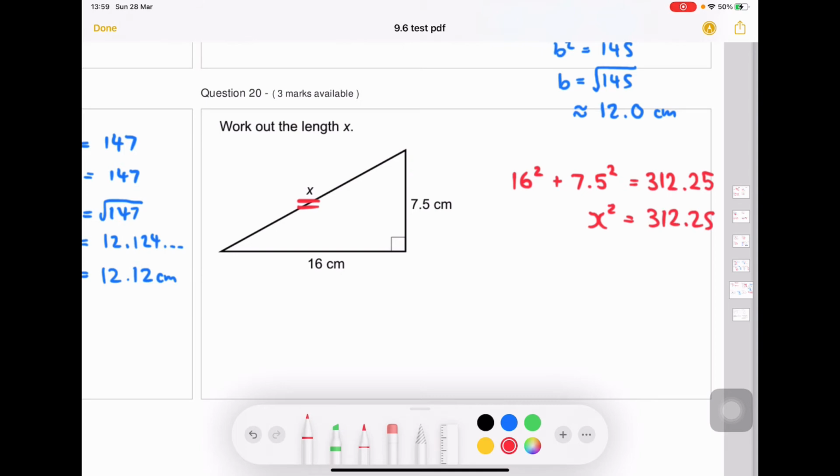Sorry, x equals the square root of 312.25. If you type it into a calculator, you get 17.67059, and it goes on and on and on.